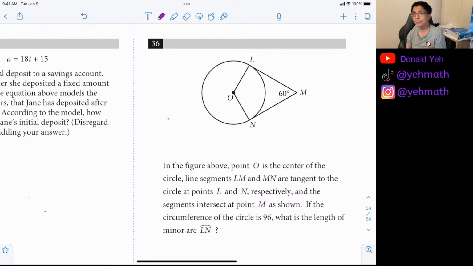Where's Max? Max, you didn't finish your work. You're gonna just sit there without moving anything.